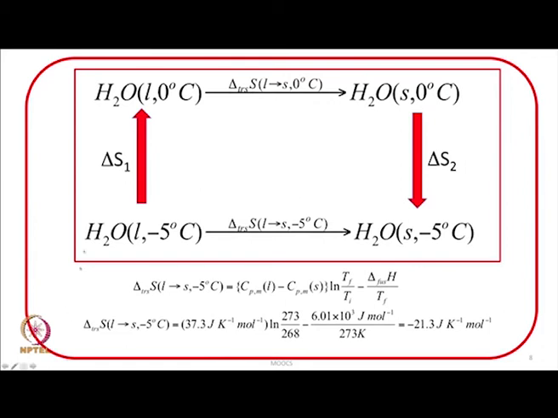So, from these considerations, we got the entropy of this phase transition, liquid to solid at minus 5 degrees Celsius, as minus 21.3 joules per Kelvin per mole. And as liquid is forming solid, it is expected that the value should be negative, as the entropy decreases.